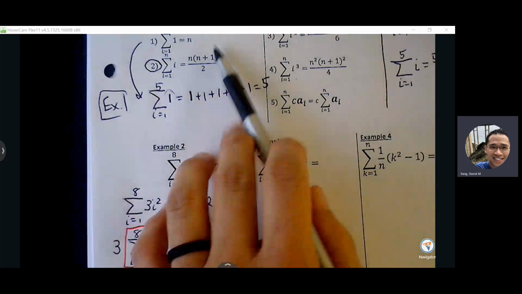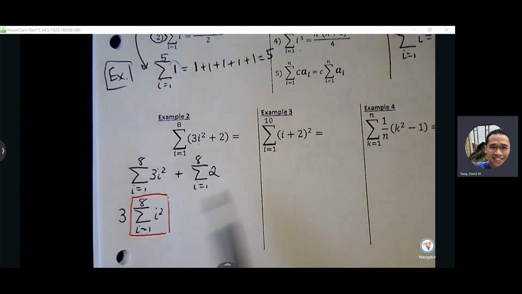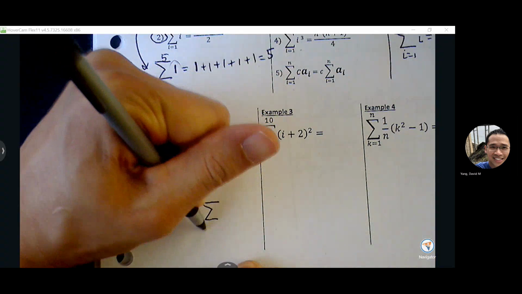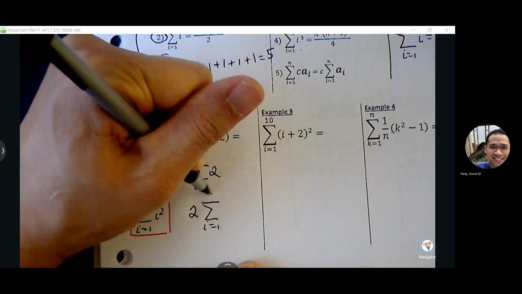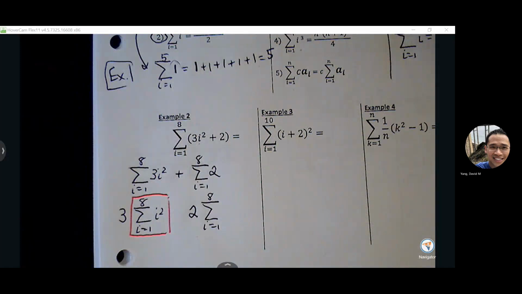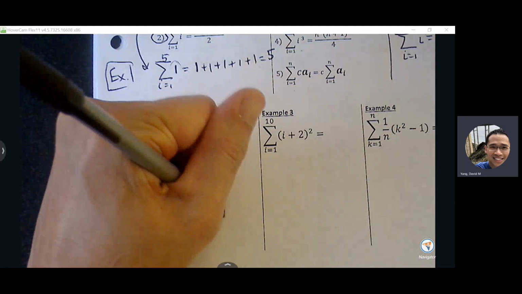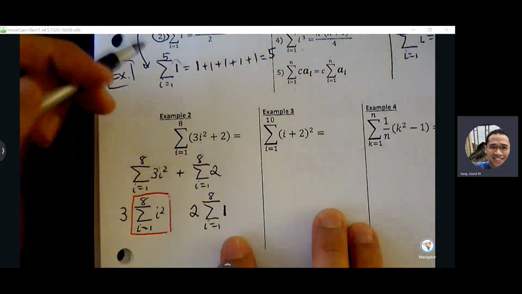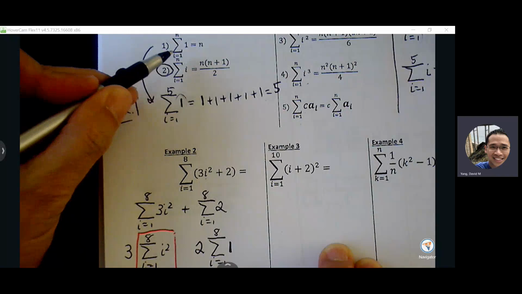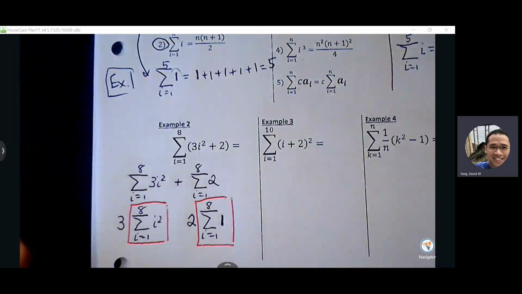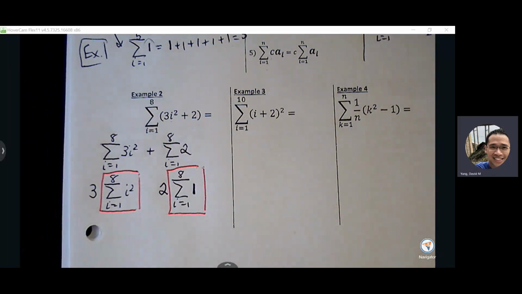I don't see a rule for 2. So what I like to do is pull that 2 out in front. And what do you think I can put here to make it the same thing as, yep, that's right, put a 1 here. If I put a 1 here, then I can match the rule that I want to use, right? Summation 1. I'm just rearranging it so that I can isolate the rule that I want to apply.